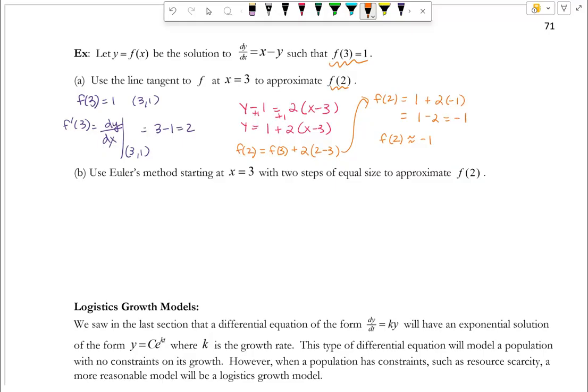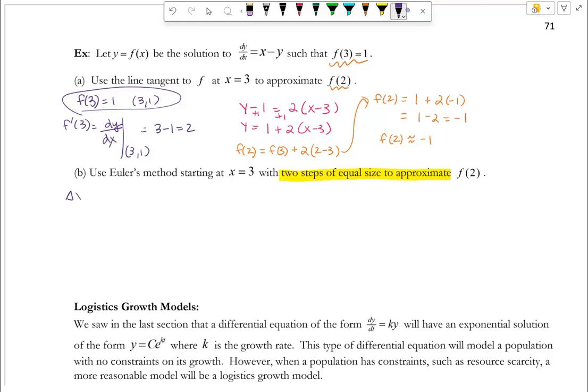So now if we use Euler's method to do the same approximation, but this time we have 2 steps of equal size to approximate f of 2, I still need all the information I had before. I still need my original point of tangency here, but my delta x now is not going to be negative 1.